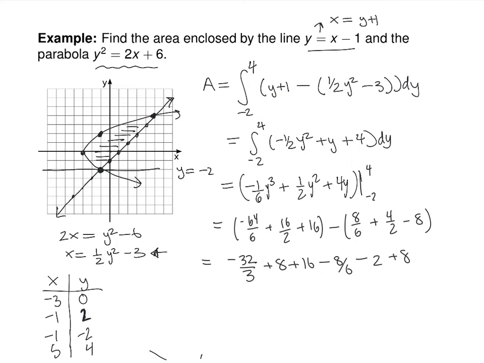Now notice 8/6 is 4/3, so that's -36/3 plus 30. And -36/3 is the same thing as -12, which gives us 18.